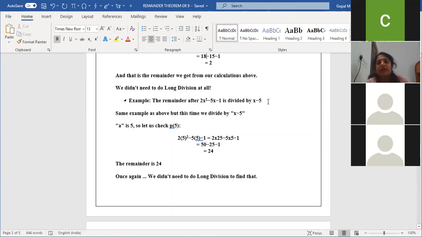So homework today, extra work: by using the remainder theorem, I got remainder 24. What you need to do is, by using long division, check whether you're getting remainder 24 or not. Am I clear? Yes, ma'am.